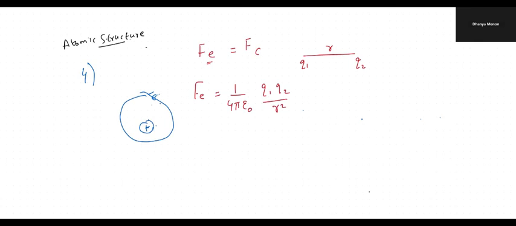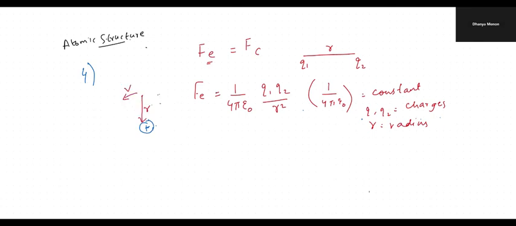This is a formula. Okay, and 1 by 4 pi epsilon naught is a constant. Q1, Q2 are the charges, and r is the distance between the charges.